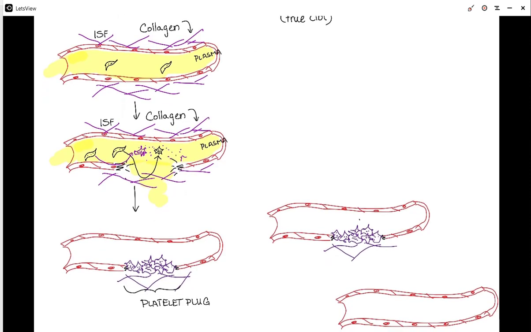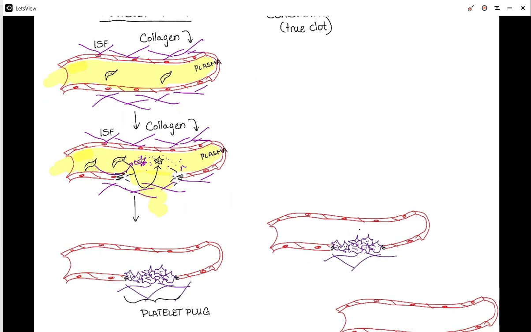Remember fibrinogen? Fibrinogen is an elongated plasma protein that looks like this. Fibrinogen is dissolved in plasma and freely floats dissolved, meaning you don't see it, it doesn't come out of solution, it doesn't look like a big rope. Fibrinogen is the precursor to fibrin.